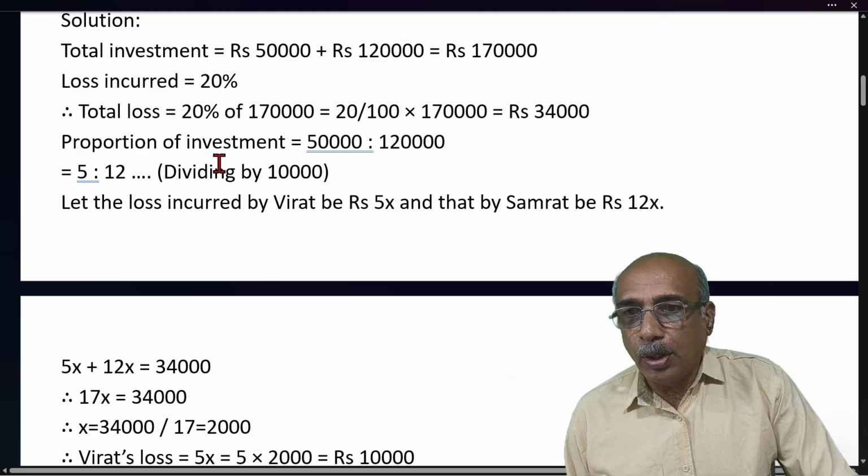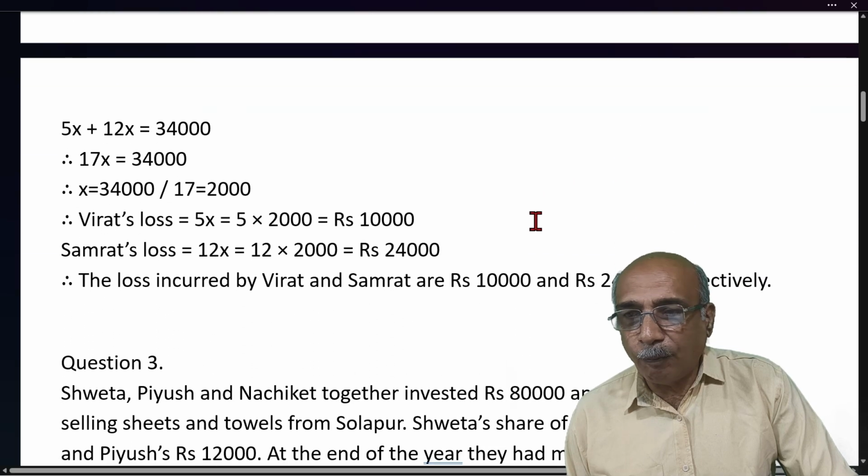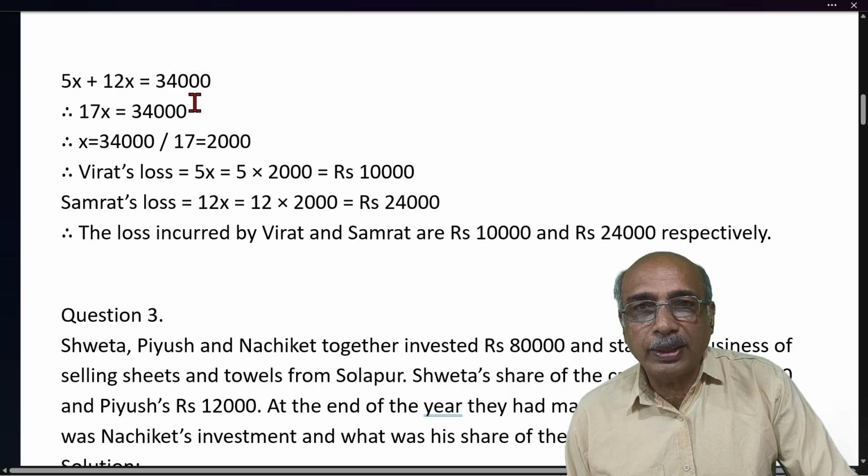34,000. Proportion of investment equals 50,000 is to 1,20,000. Therefore, dividing by 10,000, we will get 5:12. Let the loss incurred by Virat be rupees 5x and that by Samrat be rupees 12x. Therefore, 5x plus 12x equals 34,000. 17x equals 34,000.